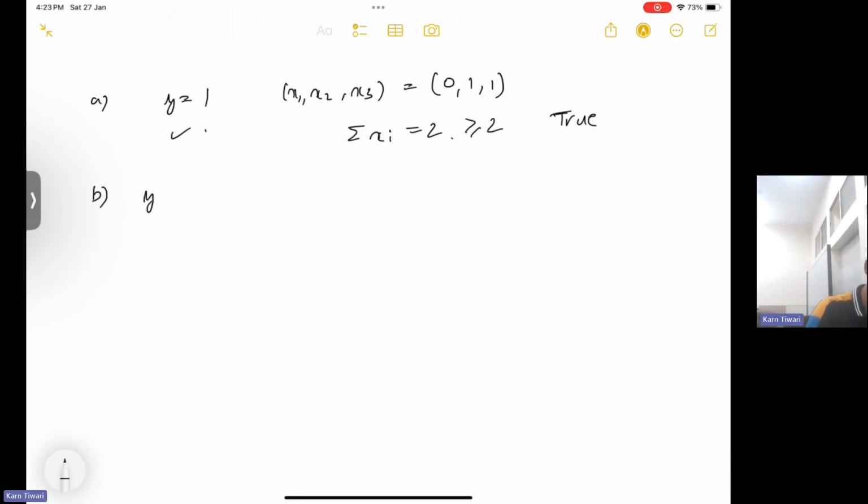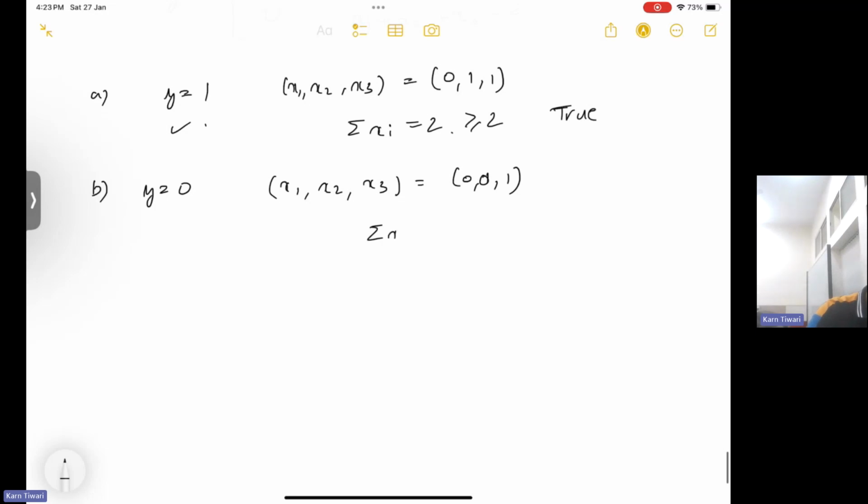Option B, y equals 0, and they have given x1, x2, x3 as 0, 0, 1. Sorry, my mistake. The summation of xi in this case is 1, which is less than 2, which implies y is equal to 0, which is again true.